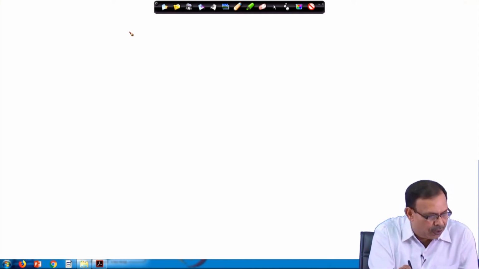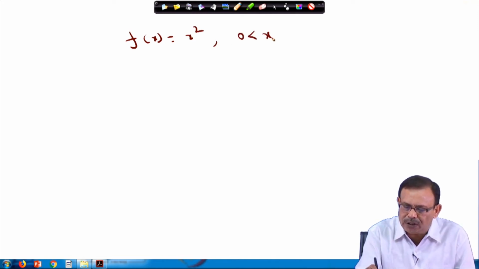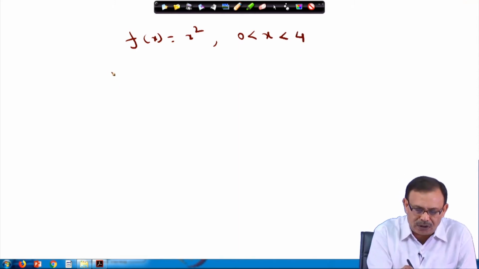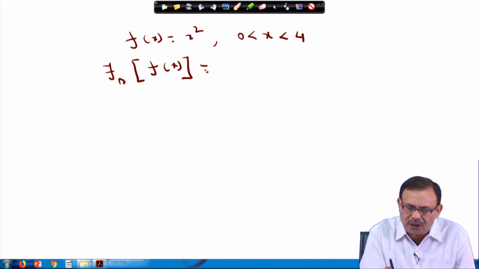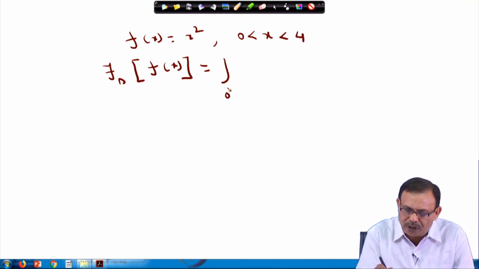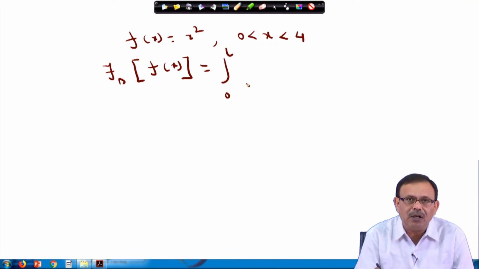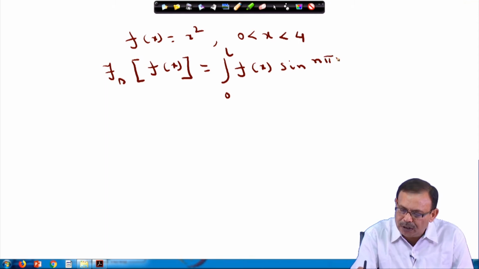Therefore, f(x) is given as x square, where 0 is less than x less than 4. The finite Fourier sine transform of f(x), please note that although we are using a similar notation, this is the finite Fourier transform of f(x), is equal to, from the definition, the integral from 0 to L of f(x) into sin(n pi x by L) into dx.